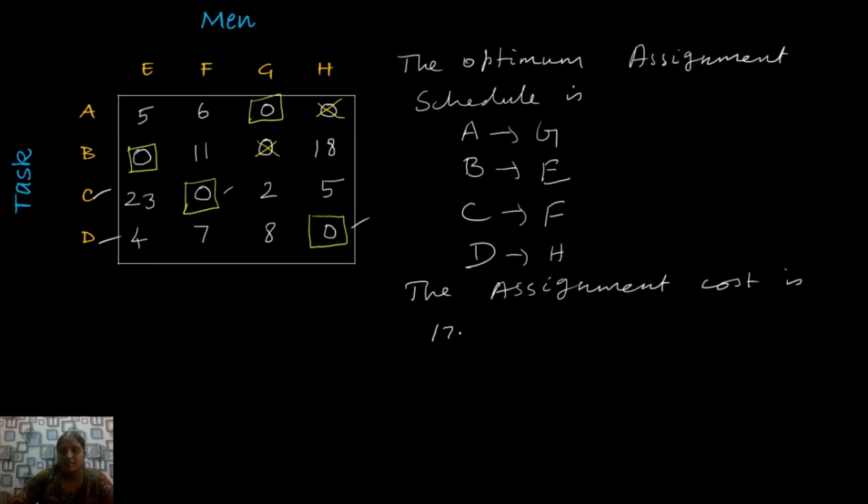Adding 17 plus 13 plus 19 plus 10: 10 plus 19 is 29, plus 13 is 42, plus 17 is 59. So we have arrived at an optimum assignment schedule, and the cost associated with it is 59 man-hours.